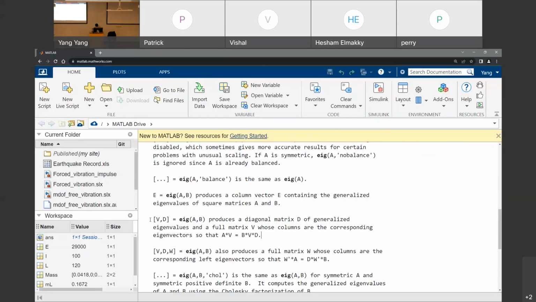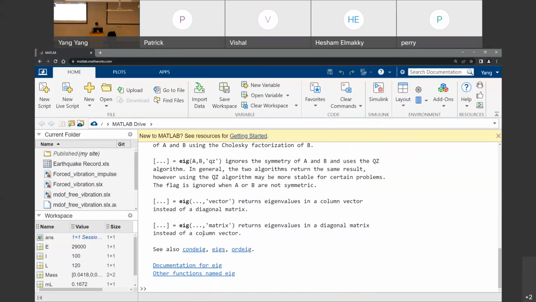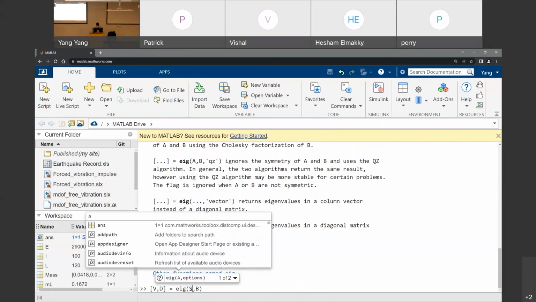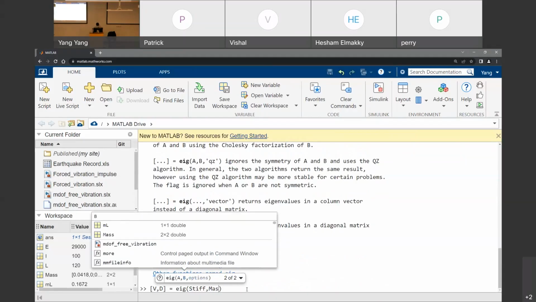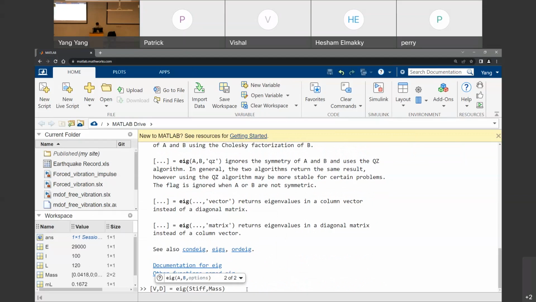So we can just go ahead and copy this down. Remember, the A should be the stiffness. The B should be the mass. Ready?